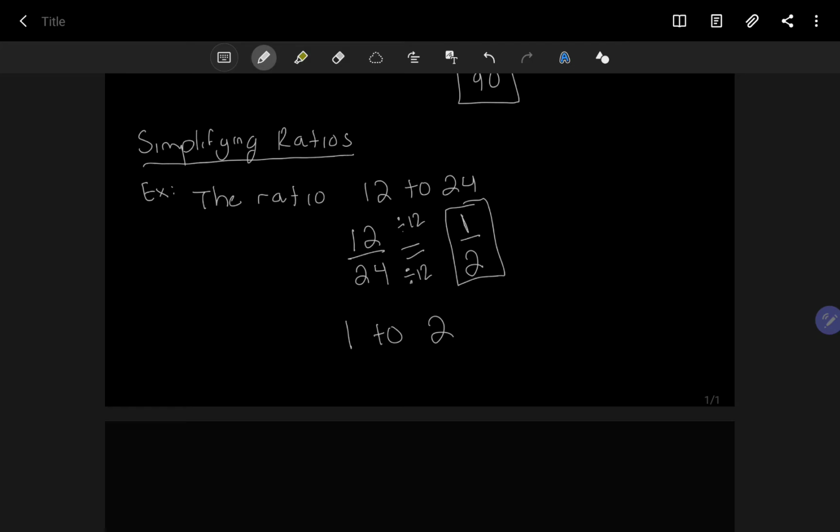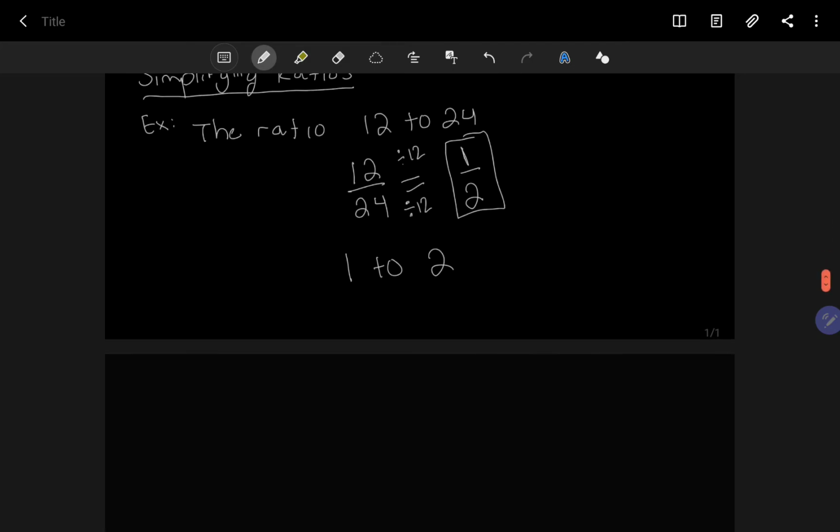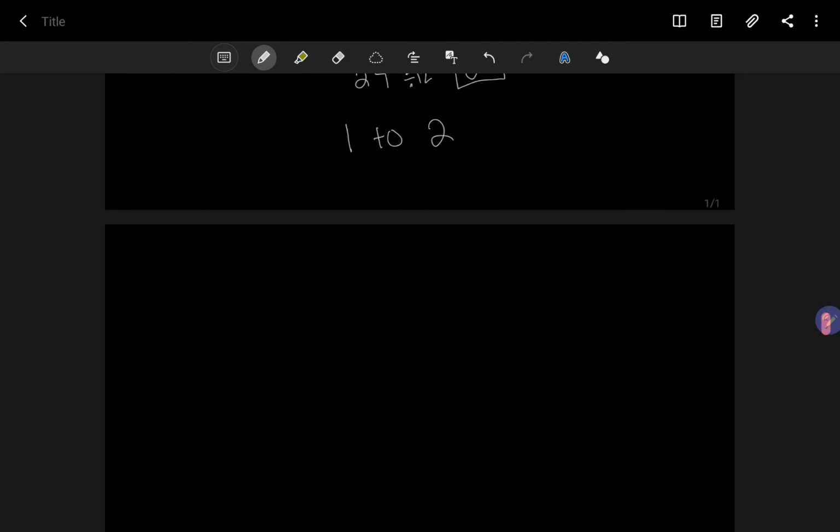Alright, so let's look at the next one. So we got that one. The next one that I need to cover is proportions.